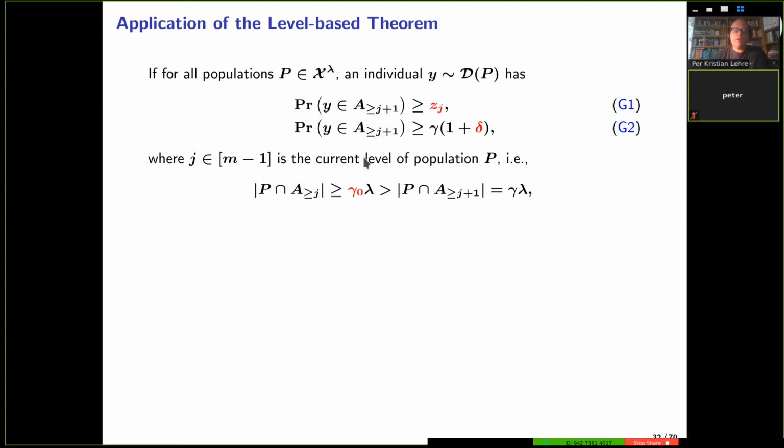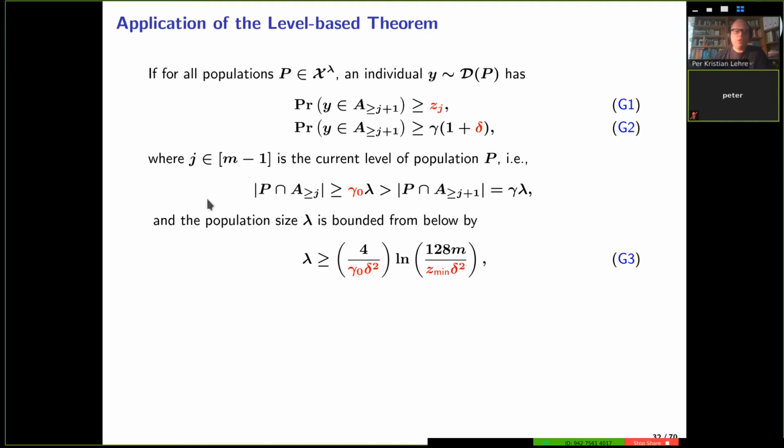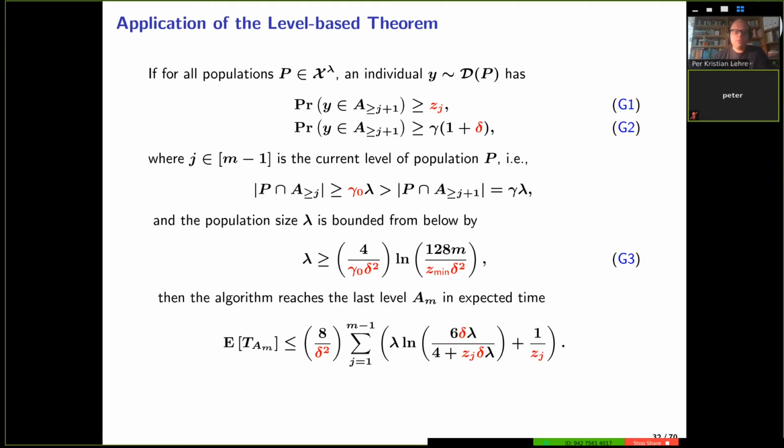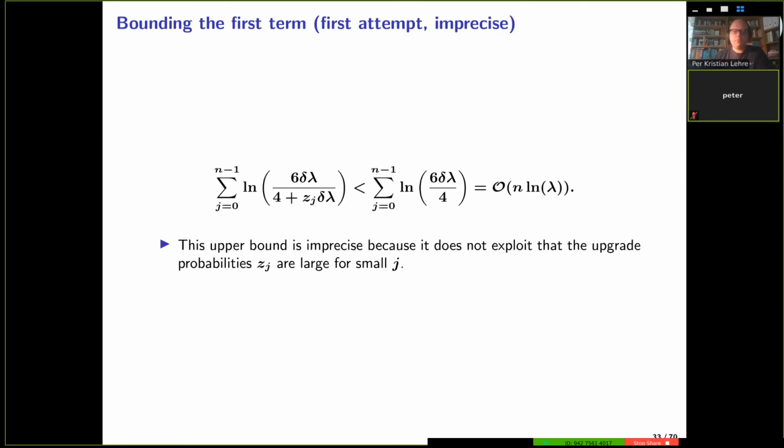And if I have any individuals in the levels above, so gamma lambda individuals in the level above, I should have a probability gamma times 1 plus delta of producing such an individual. Okay, and the population size should be lower bounded by this expression. If this is the case, this is an upper bound on the runtime.